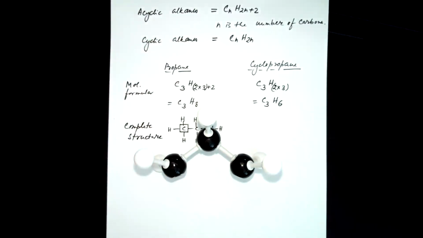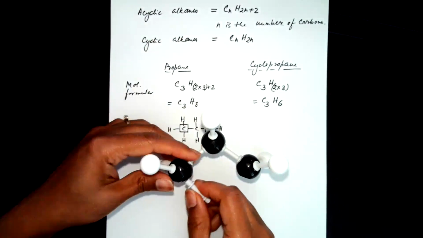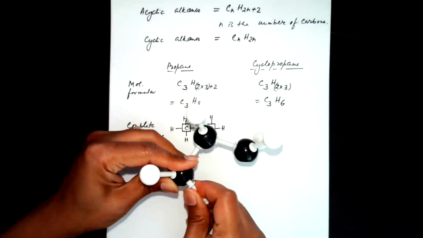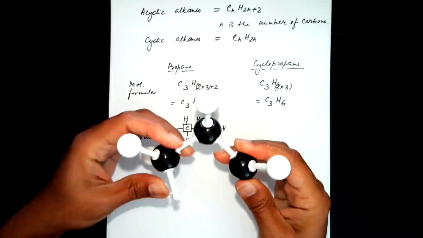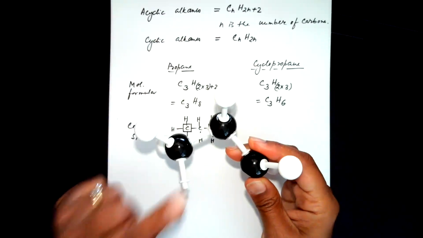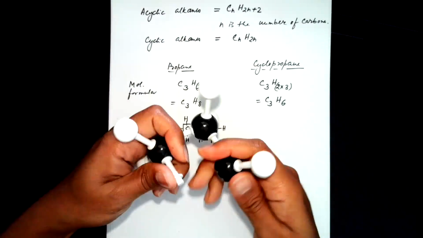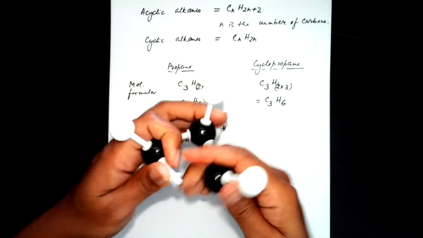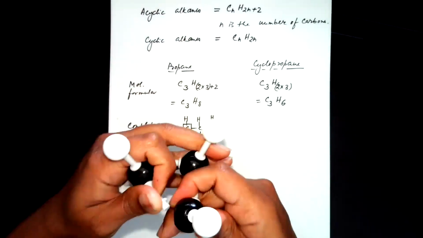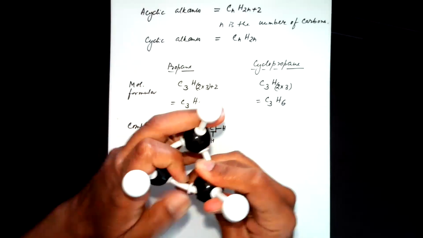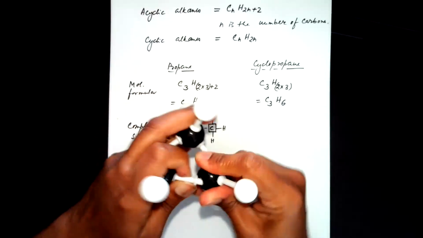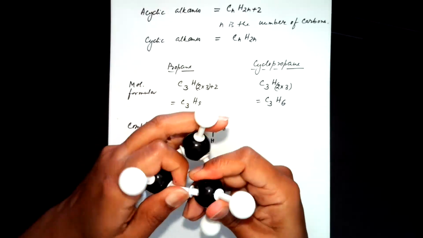Now, I could just take out a bond. So this is a new bond that's still available to bond with something else, and that something else is going to be the other carbon. So I would bring in this carbon, and this ring is very strange, so it's a little hard to attach, and I can join these 2 together.